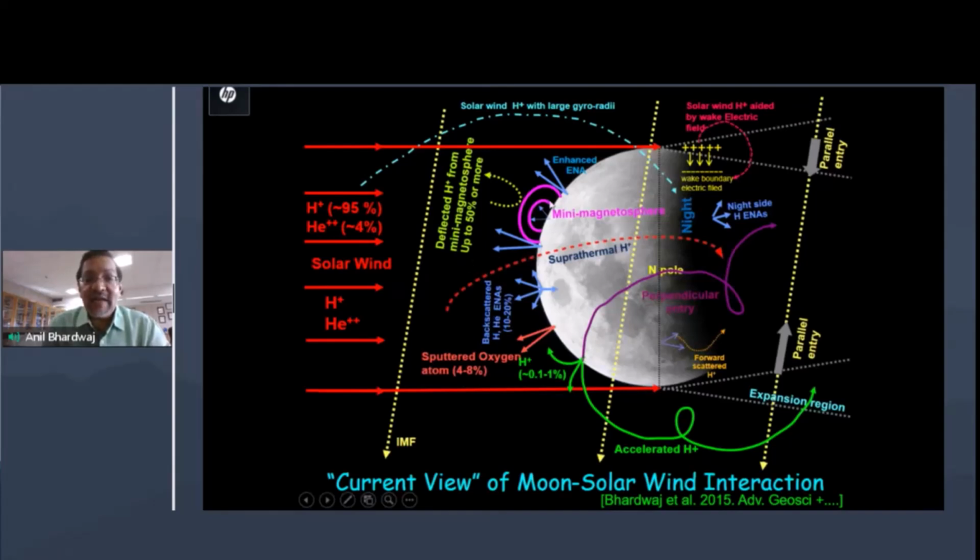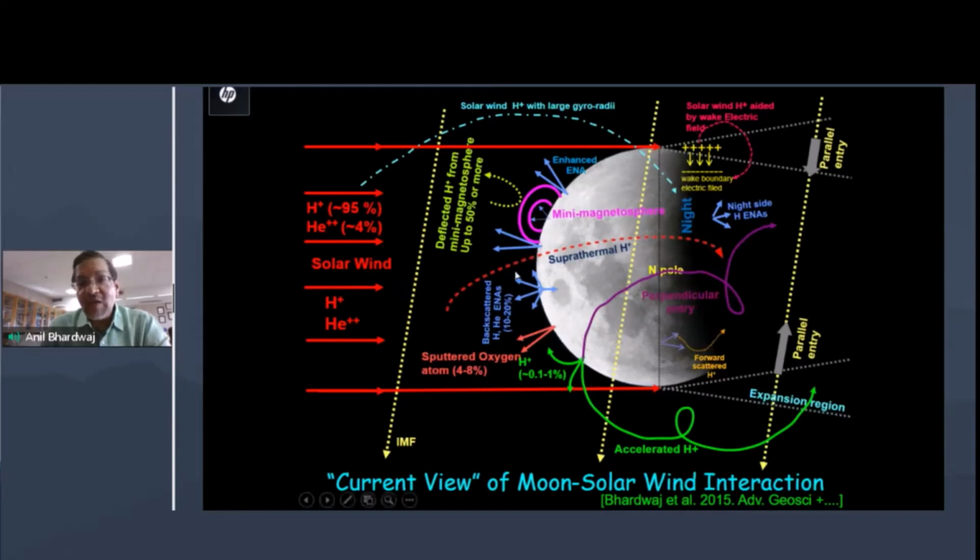And not only that, at the regions where we have magnetic anomalies, that is the regions where there's a small amount of magnetic field on the lunar surface, it can produce mini magnetospheres. That was one of the discoveries from the SARA experiment of Chandrayaan, that mini magnetospheres do get produced by the presence of a small magnetic field on the moon's surface, which deflects the protons coming towards the lunar surface. That is also changing a lot of things in terms of the albedo and the space weathering on the moon's surface.